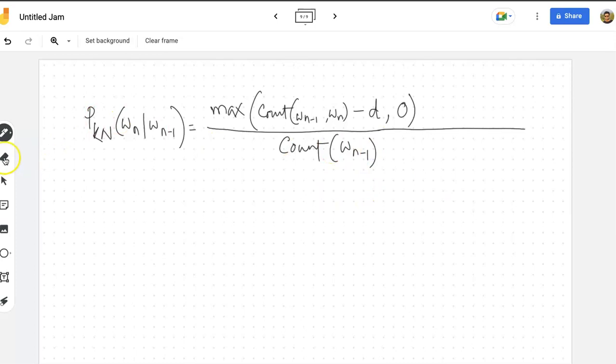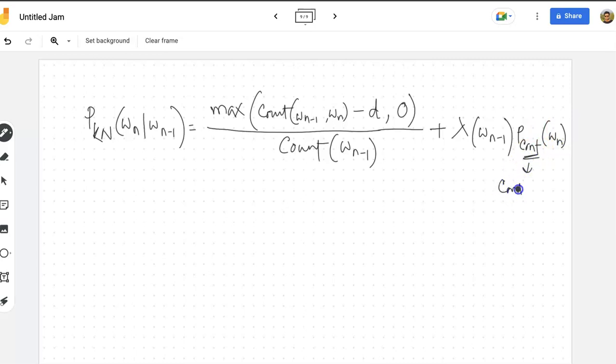Okay, so there is another part of this thing. It will be plus lambda of Wn minus 1, and the continuation probability of Wn.